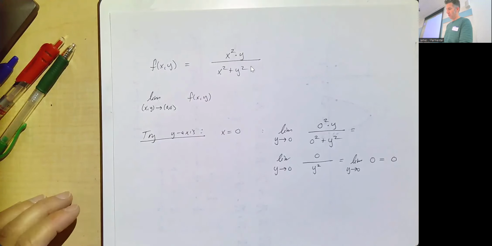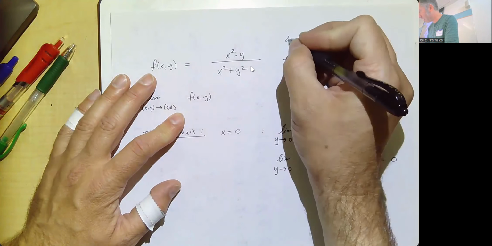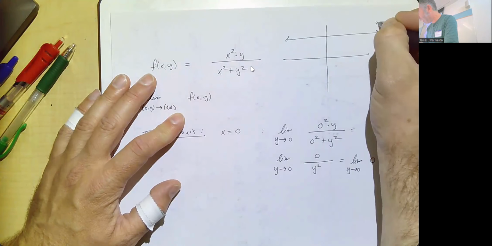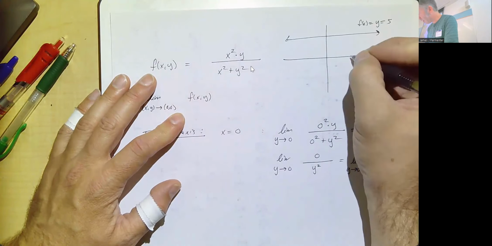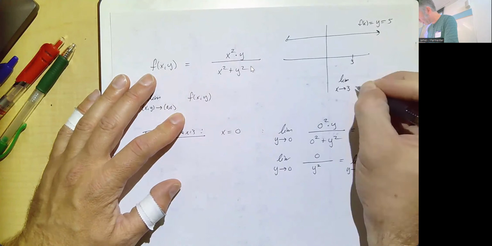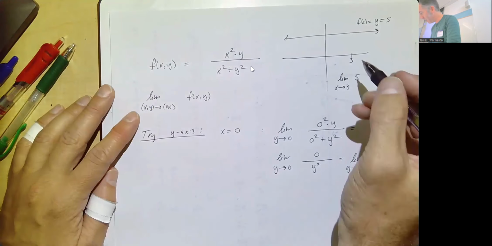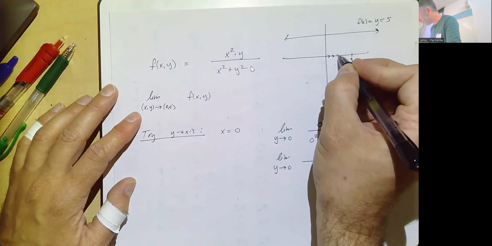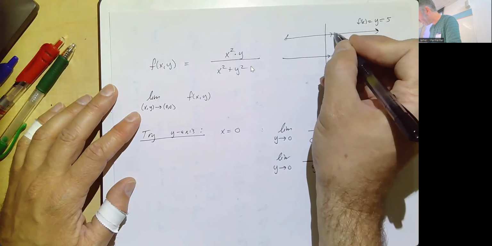Just like, if I said my function was y equal to 5, and I said, okay, what's the limit as x approaches 3 of the function y equal to 5? Well, x is getting closer and closer to 3. And what are the y values getting closer to?